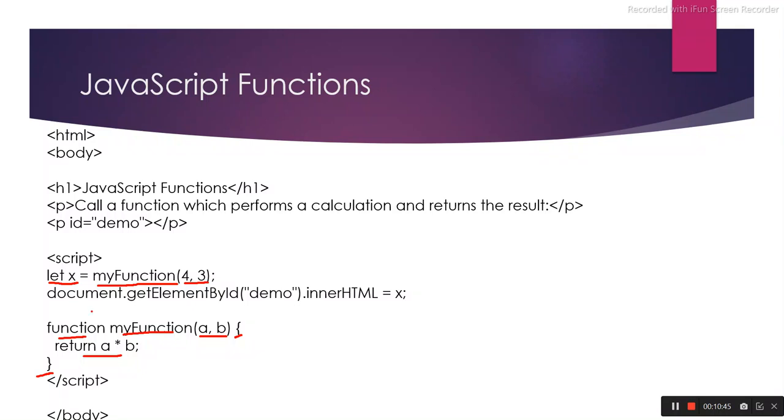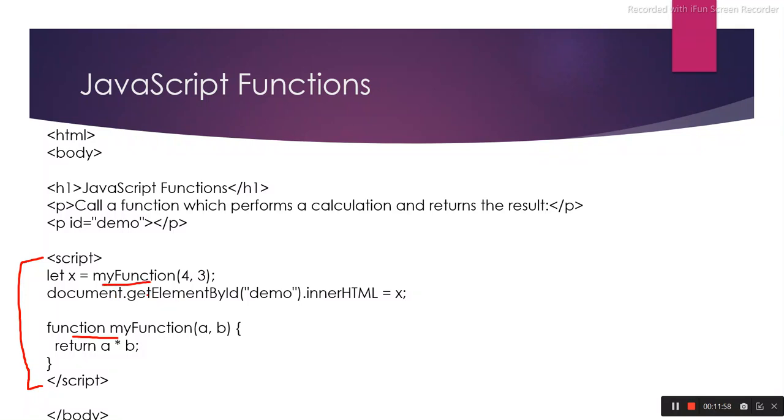Remember, all the JavaScript code you have to write only within the script tag. I already discussed this in the previous class. The script tag should be available in either the head section or the body section. So I am writing the function in the script tag here itself, and calling the function from here itself.